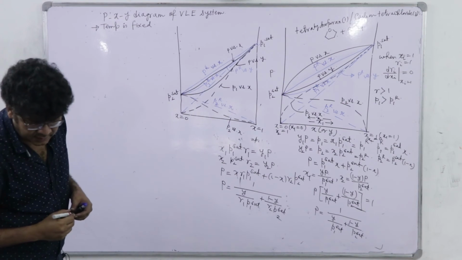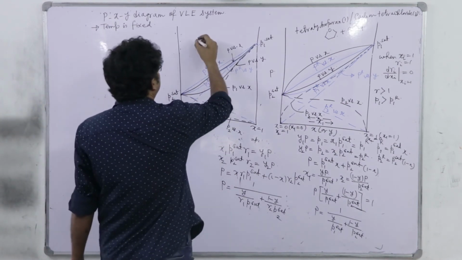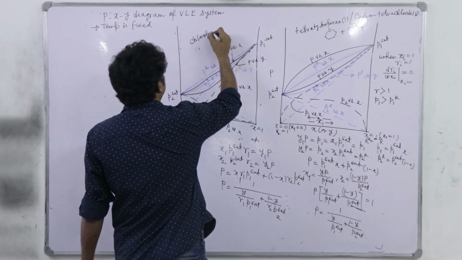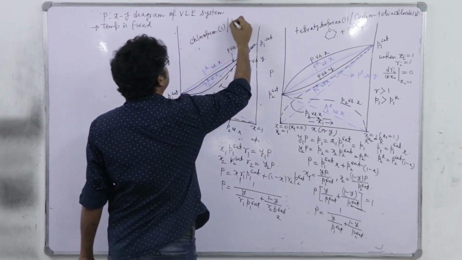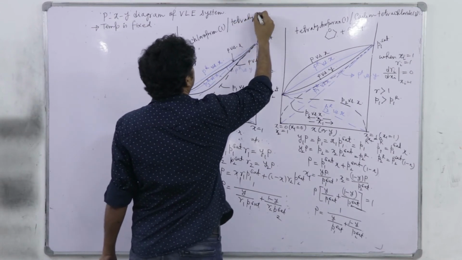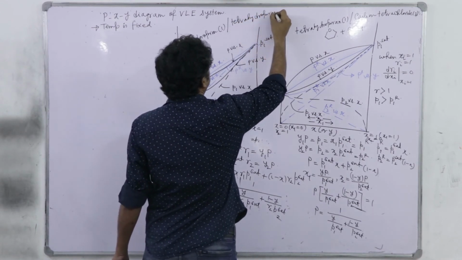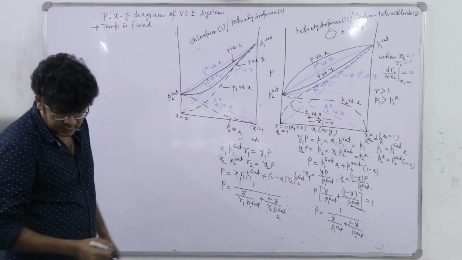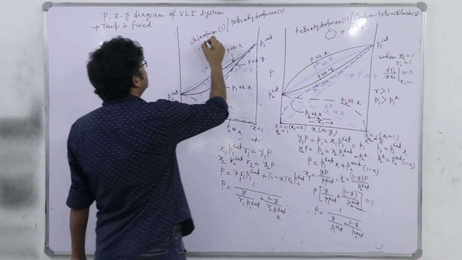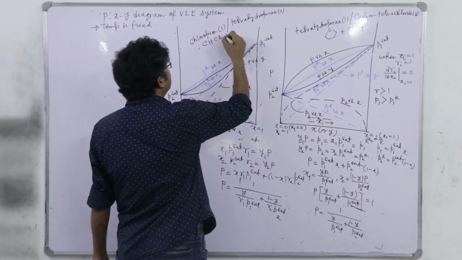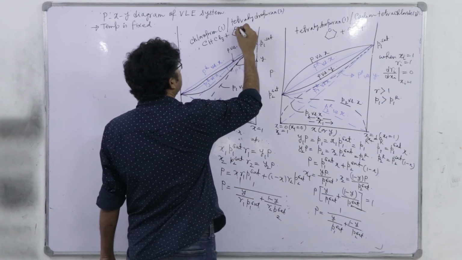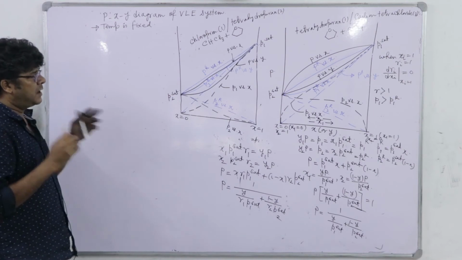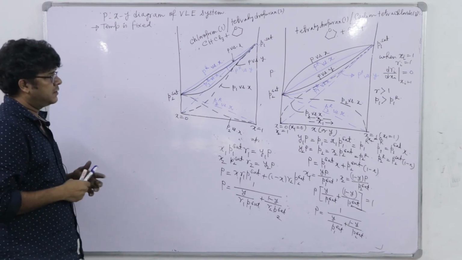Okay. And the example is chloroform and tetrahydrofuran. Chloroform 1, tetrahydrofuran 2. Right. Chloroform and tetrahydrofuran, that is CHCl3 and this. So, that is the positive deviation and negative deviation.